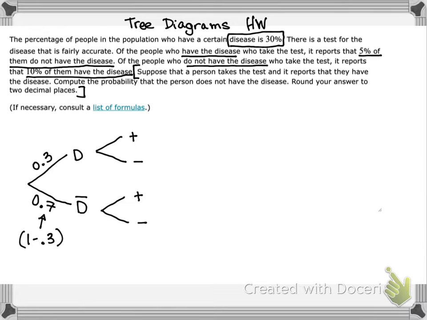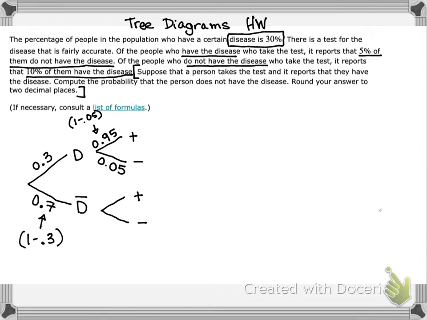Of the people who have the disease, that's my top branch, who take the test, it reports 5% of them do not have the disease. So it says, even though they're sick, that 5% test negative, which means the other 95% test positive, or 1 minus 0.05.